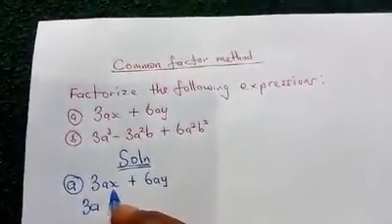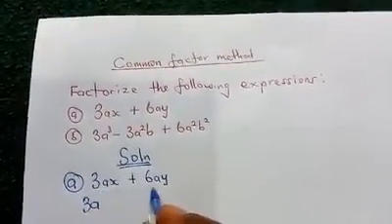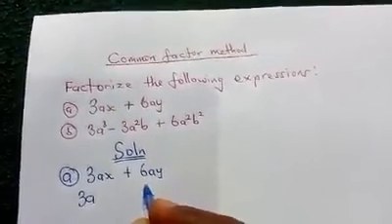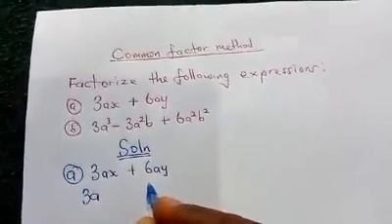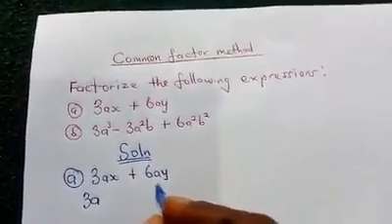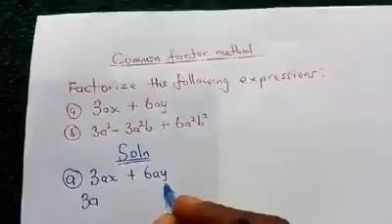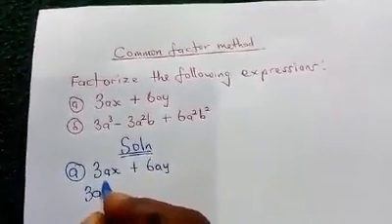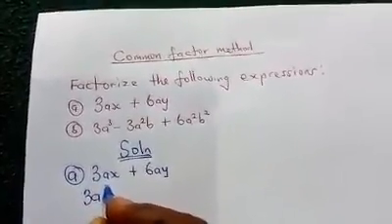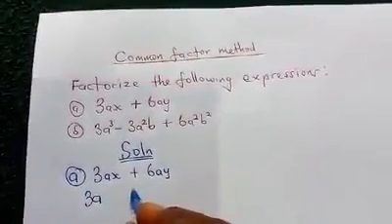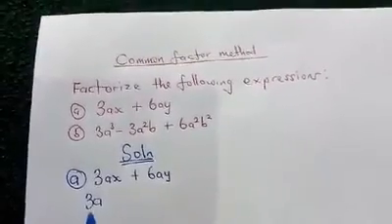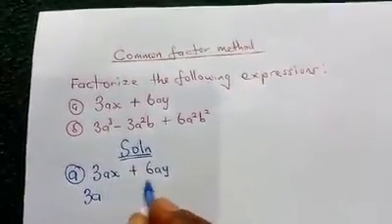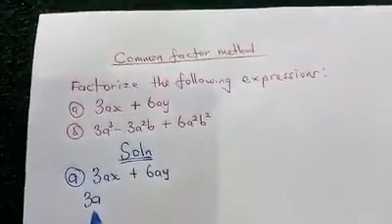X is located in the first term, but for the second term, it's nowhere to be found. So it means X would not be a common factor. And then for the second term, we have another letter there, Y. It's in the second term, but it's nowhere to be found in the first term. It means Y is also not going to be a common factor. And so the common factor of the whole expression is going to be 3a.